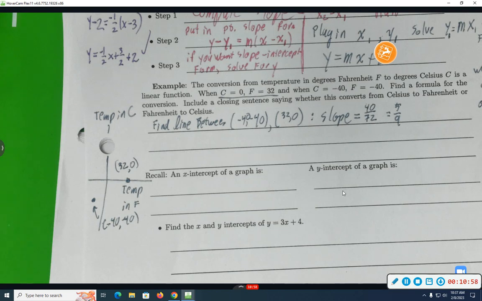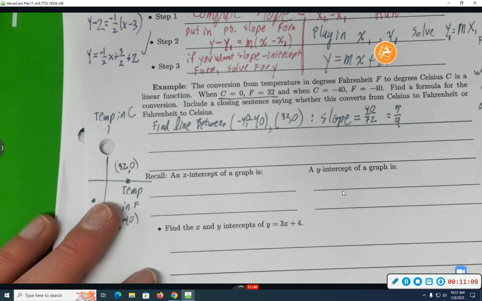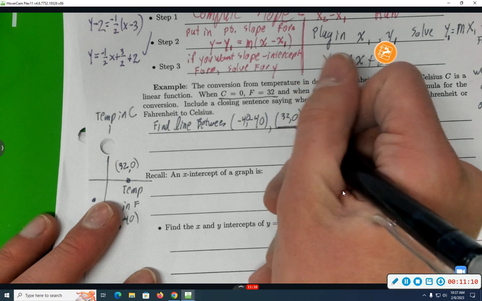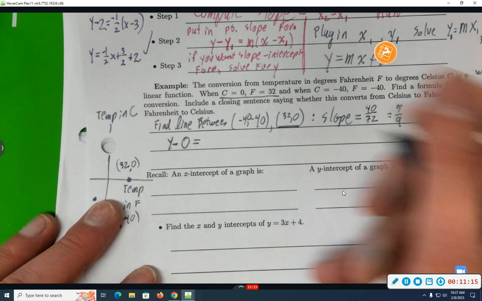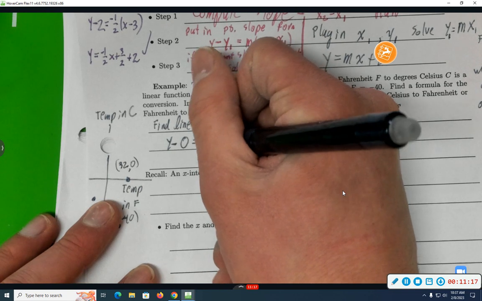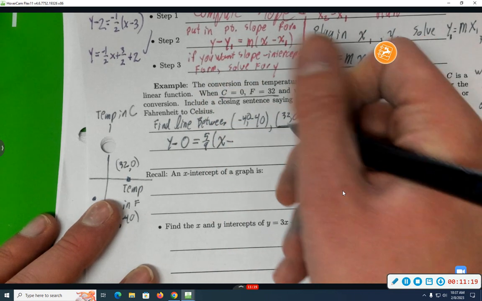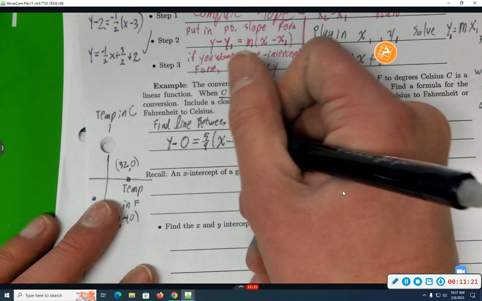And I'm going to use x's and y's because I don't want to think about which of F and C is supposed to be the input or output right now. I'll do that in a second. All right, so let's use this point. So it'll be y minus y0 is equal to 5/9 times (x minus x0).